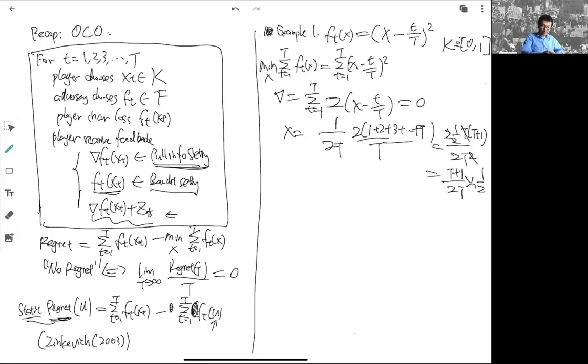However, if this is the objective function that we want to minimize in the first place, even the best expert in hindsight doesn't seem to perform too well, right? So how do we calculate that?